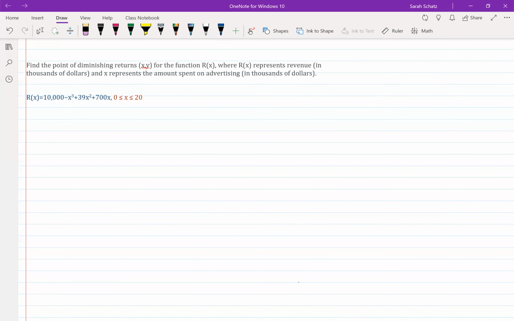Well, remember, this is a second derivative. A point of diminishing returns is an inflection point. How do I find inflection points? I set the second derivative equal to 0, and I see what comes out.